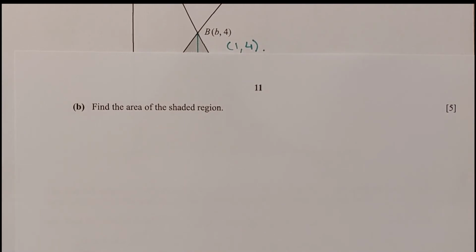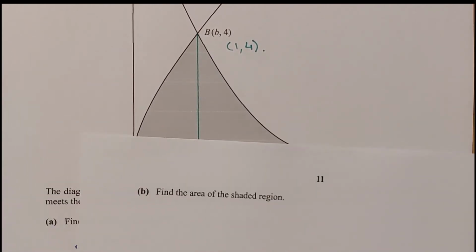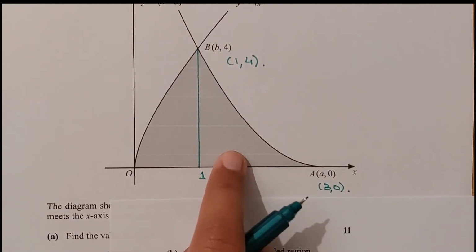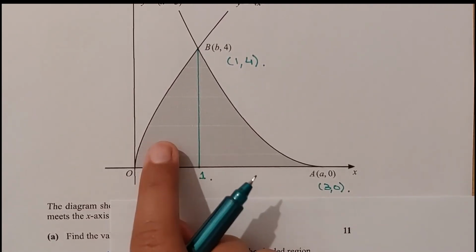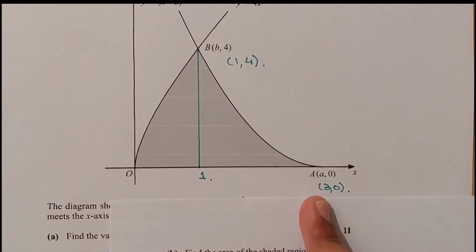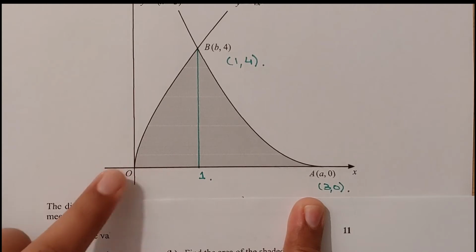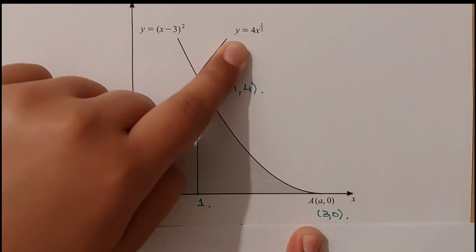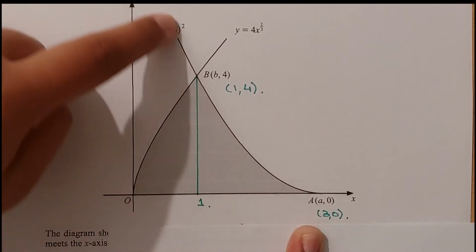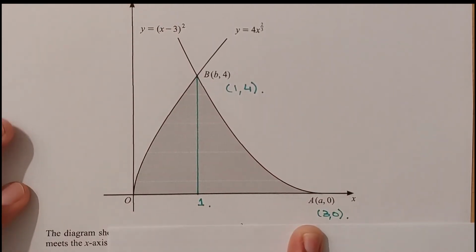Now for part B, find the area of the shaded region. So this is the shaded region. I already broke up the area. We need to find the area between 0 to 1 and then 1 to 3. Between 0 to 1, we have to use this curve, and for 1 to 3, we have to use this curve, integration of the two curves, right?